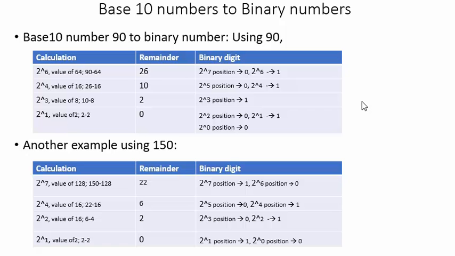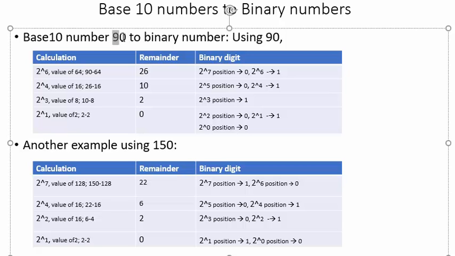Just like that, we're going to use a different number this time, a base 10 number, the number we are using every day, 90, but we want to convert it to a binary number, 0 or 1. So again, using 90, this time it's a little different from binary to base 10.